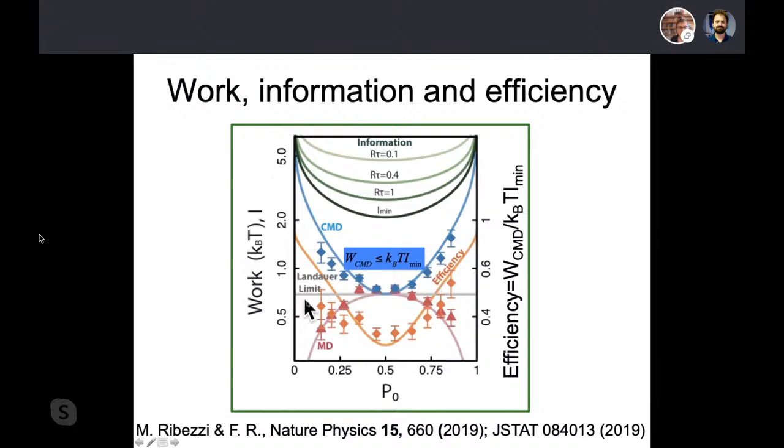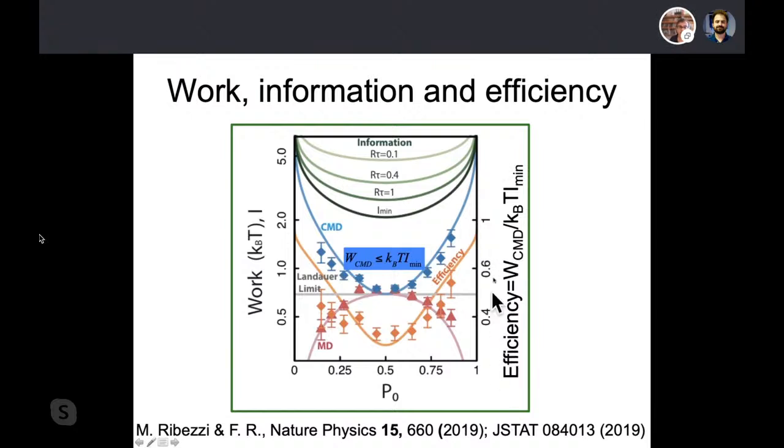While in the classical Szilard the information content coincides with the work, because it's a 1-bit measurement, here we don't have coincidence, we have a difference, there is a gap. But of course, this is in agreement with the second law.